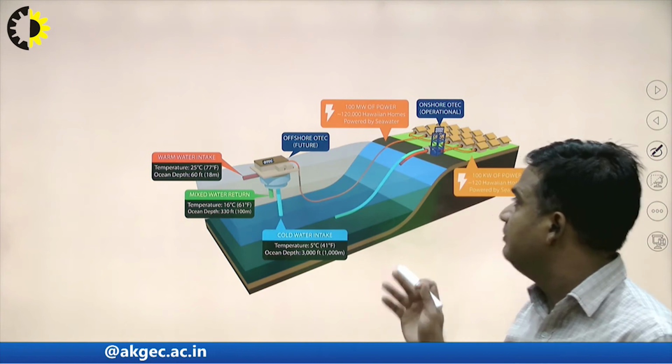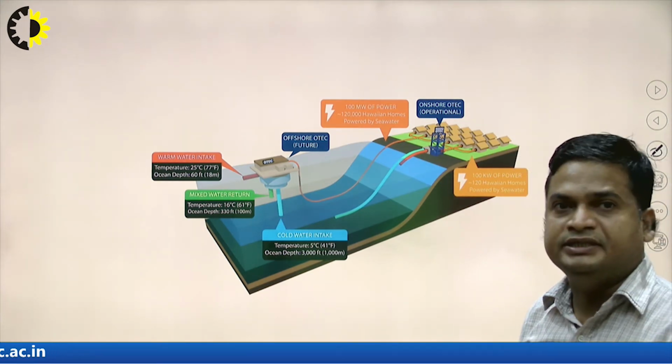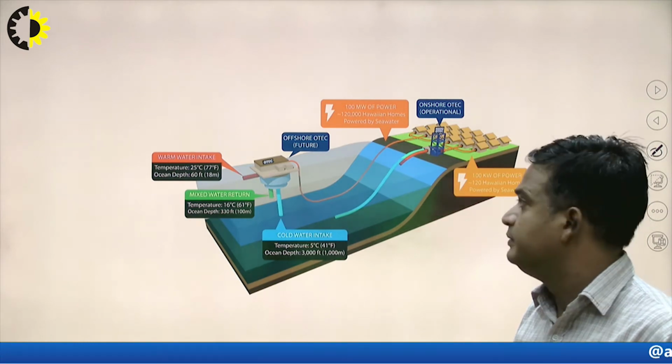Now this is a diagram. From this diagram we can easily understand how electricity is generated through the OTEC process.